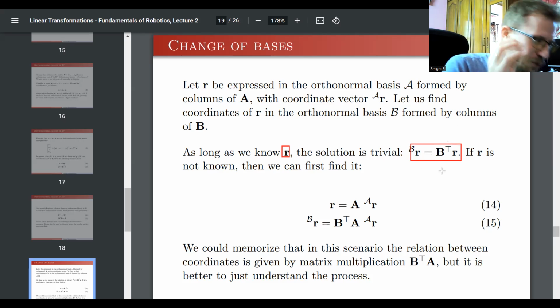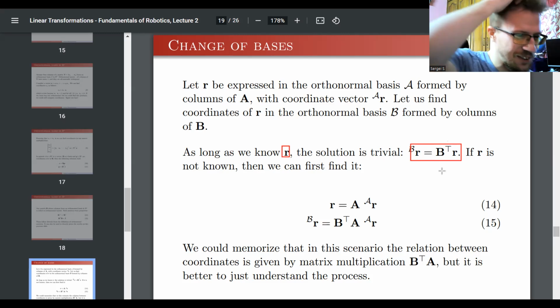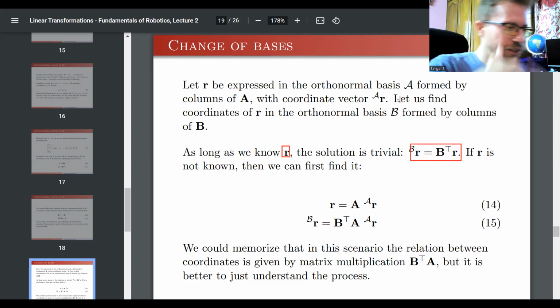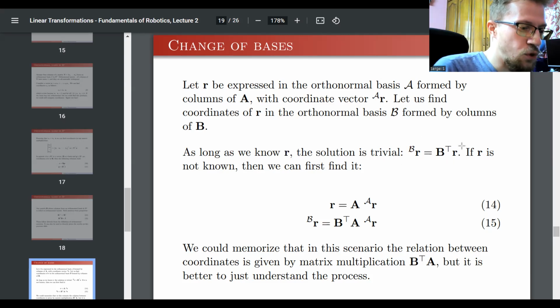Please notice that is true. That is simply true. That is not some leap of concept or something. If we know what R is, we can always do this.